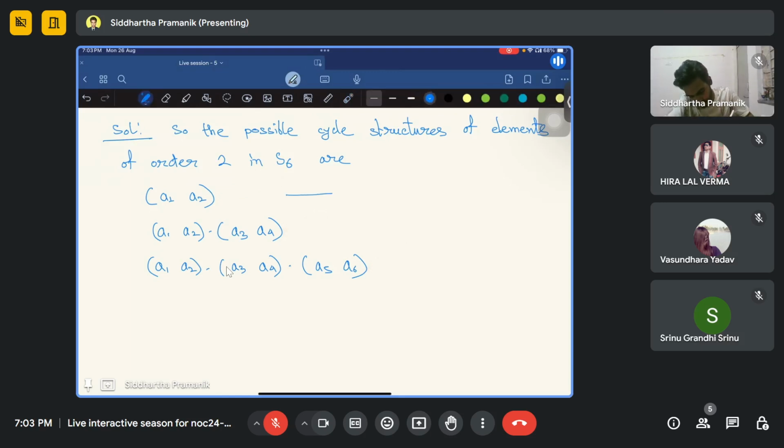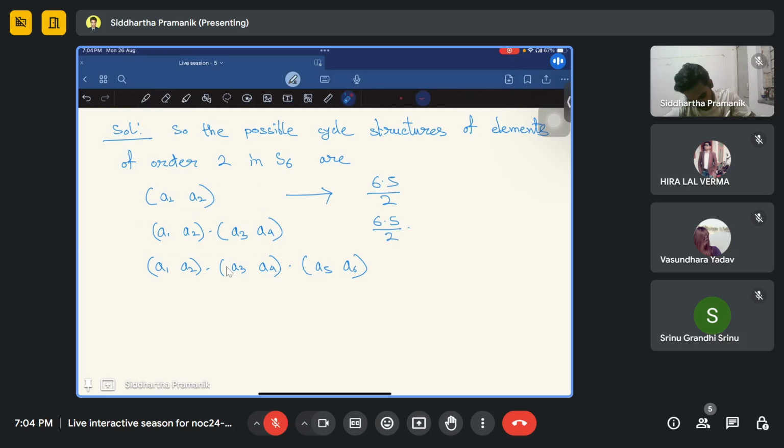So for this, A1 has 6 choices, A2 has 5 choices, and it's a 2-cycle, so it can be written as (A2 A1). Both are the same, so we need to divide by 2. What about this one? For A1 we have 6 choices, for A2 we have 5 choices, and (A1 A2) is the same as (A2 A1), so as usual we divide by 2.